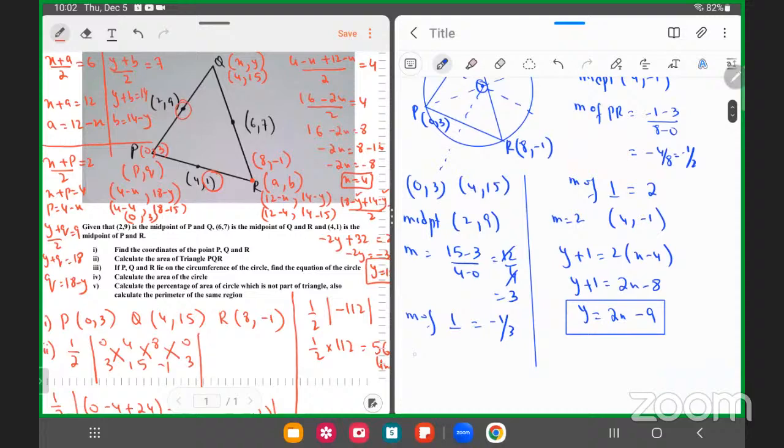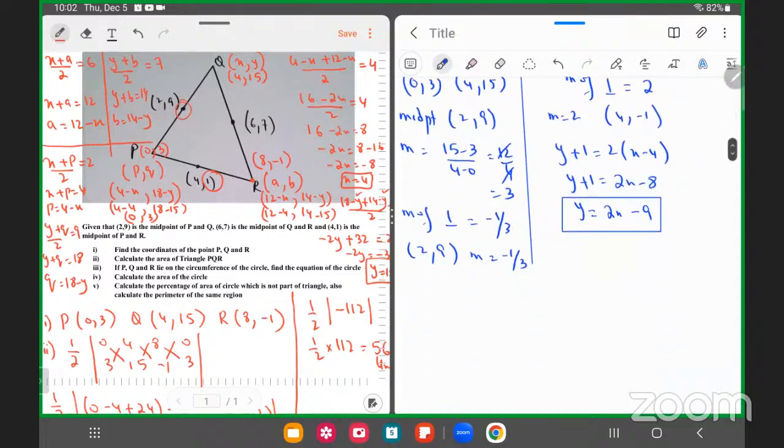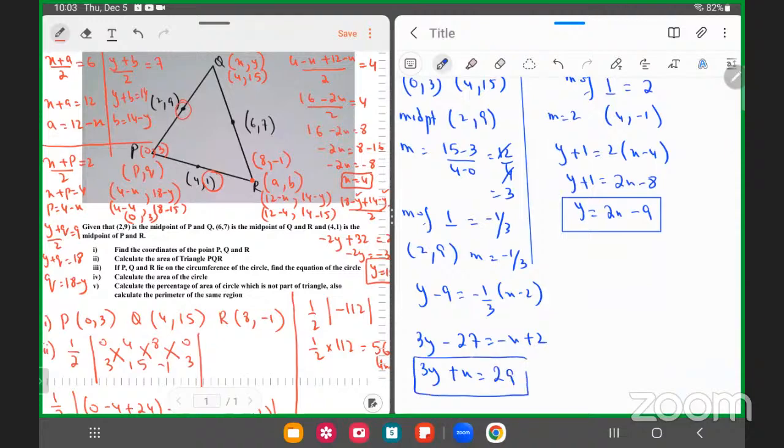Now I have the midpoint and the gradient, and I can form the equation y minus y1 equals m times x minus x1. 3y minus 27 equals minus x plus 2, so 3y plus x is 2 plus 27, that is 29.